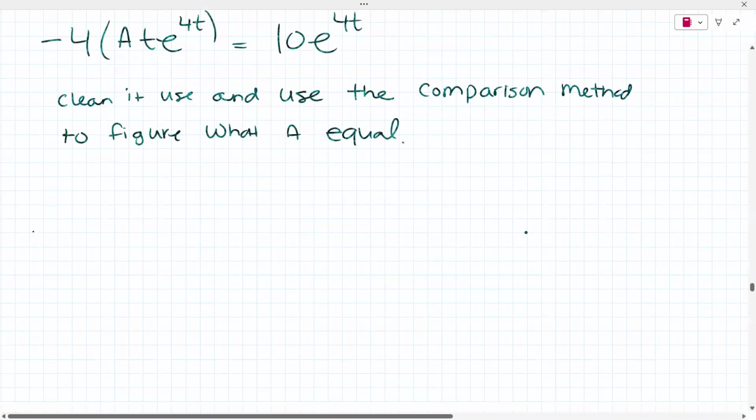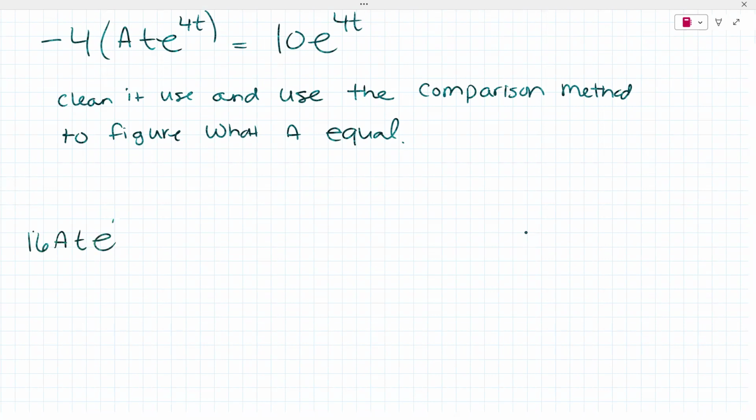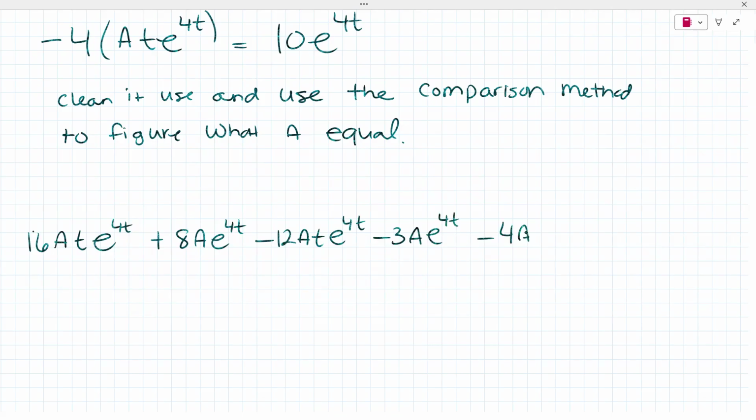We clean this up a bit and FOIL it out. The left side gives you 16A t e to the 4t plus 8A e to the 4t minus 12A t e to the 4t minus 3A e to the 4t minus 4A t e to the 4t equals 10 e to the 4t.